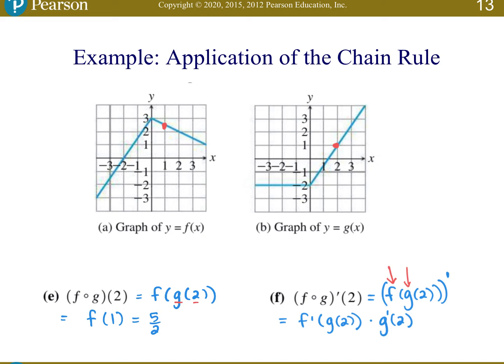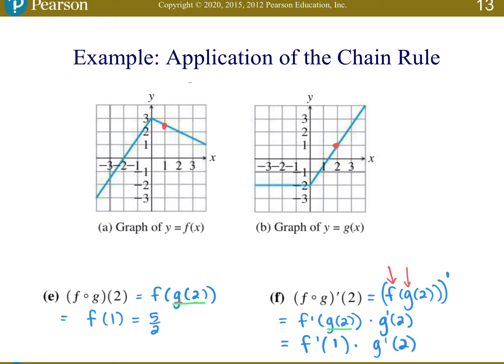All right, so now according to the rules of evaluating composites, make sure you start with the inside value first, just like we did here. So we know g of 2 is 1, so that becomes 1, but it has parentheses still around it, and it's f prime around that, and then g prime at 2.